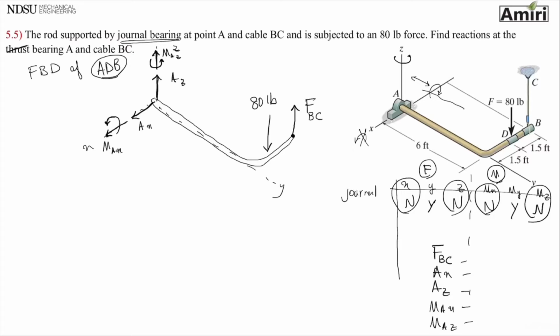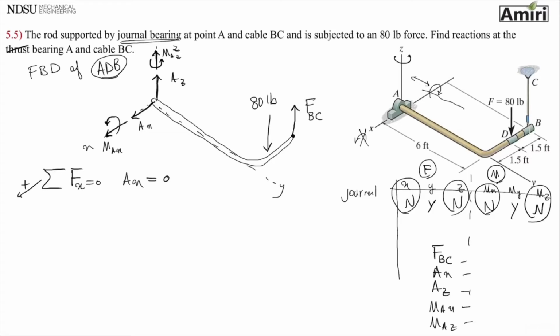It's usually simpler to just use the format that I'm going to use right now, same as before. Sigma Fx being positive, anything that points with my axis x, I'm going to put positive next to it. Look for all the forces that are in x axis. AX, I see that is AX. AZ, 80 pound, FBC, they're all in Z direction. So that's my first unknown.